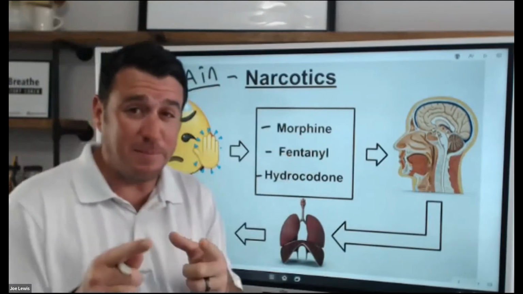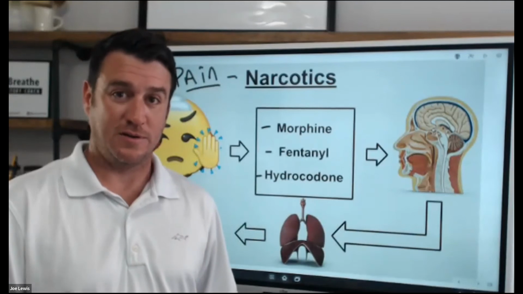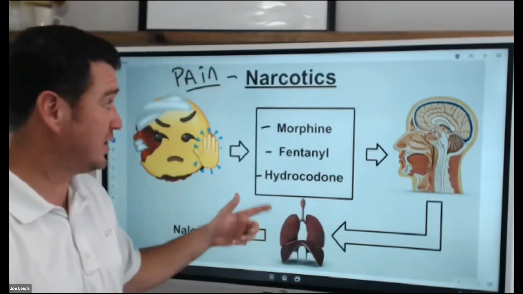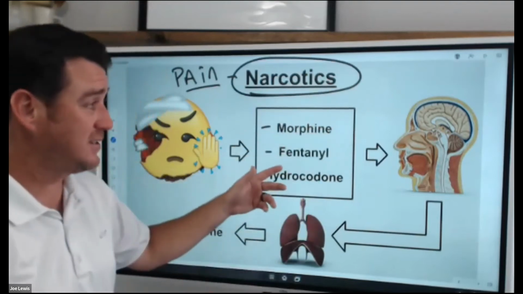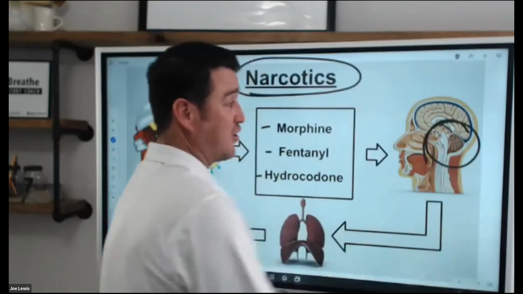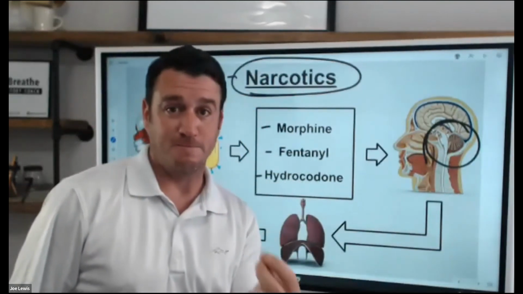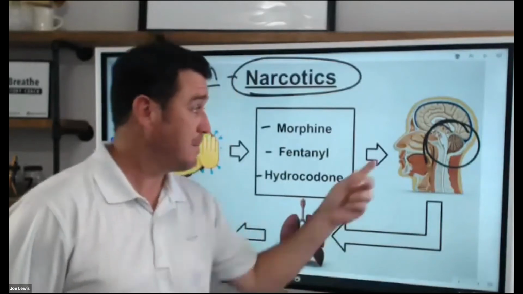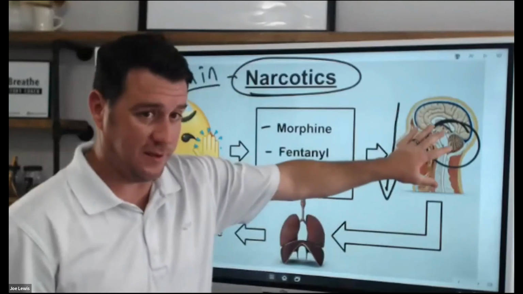What we have to remember is that these drugs come with hazards. And the hazards of these drugs, the problems that you need to identify when we talk about narcotics, is that these drugs affect the neural drive to breathe. This comes from the medulla oblongata. When that happens, we get a reduced neural drive to breathe.